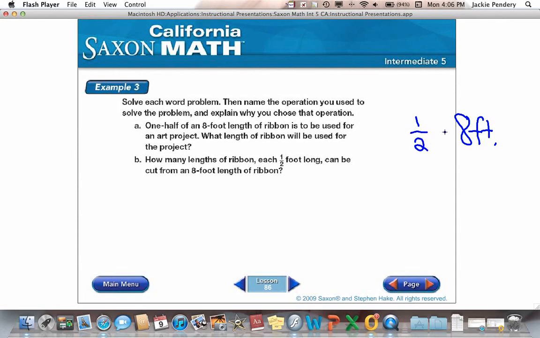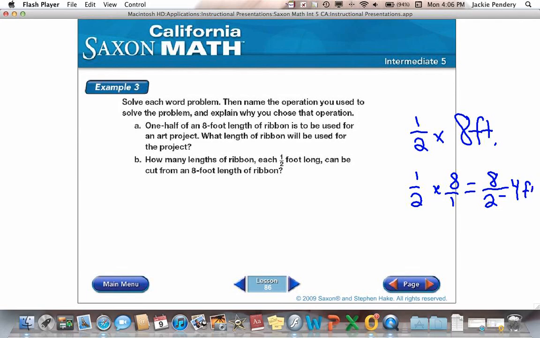Okay, so in order to find out what I'm going to use, I'm actually going to multiply. 1/2 stays 1/2, but the 8 becomes 8 over 1 because it is a whole number. I multiply my numerators. 1 times 8 equals 8. Denominators, 2 times 1 equals 2. And 8 over 2 equals 4.